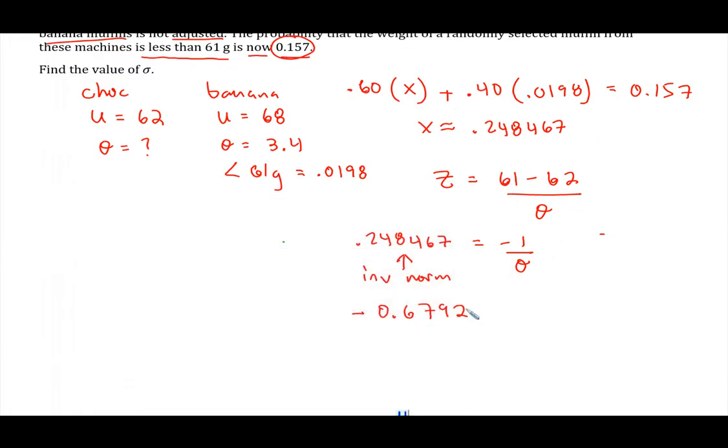Then if you multiply by the standard deviation on both sides, sigma is equal to negative 1 divided by this value. So that's going to give us positive 1.47.